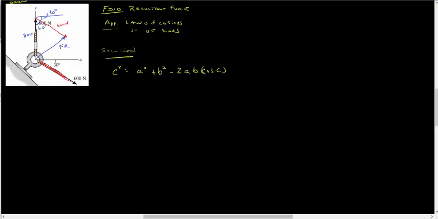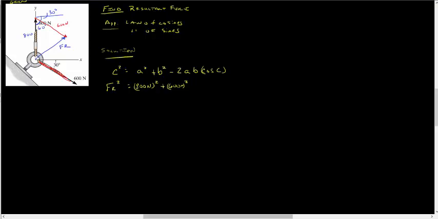Now when I say c squared, I am talking about my resultant force squared. A squared is going to be this 800 newton force, 800 newtons squared, plus b squared, which is going to be 600 newtons squared.